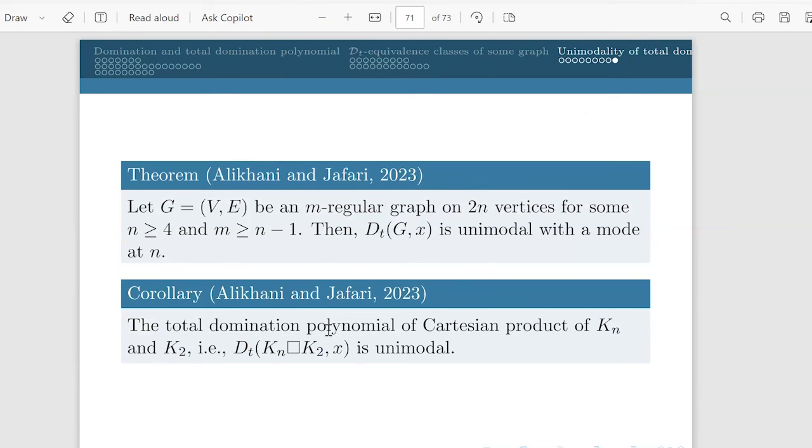And if this is an m-regular graph with 2n vertices and m greater than n minus 1, then the unimodality of the total domination polynomial can be proved. And as a corollary that you see here, the total domination polynomial of a complete graph with K2 is also unimodal.